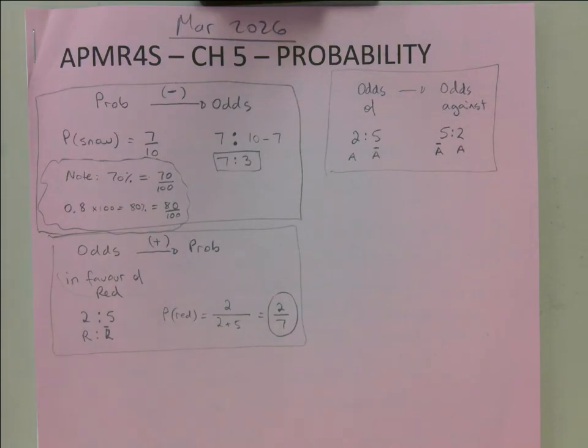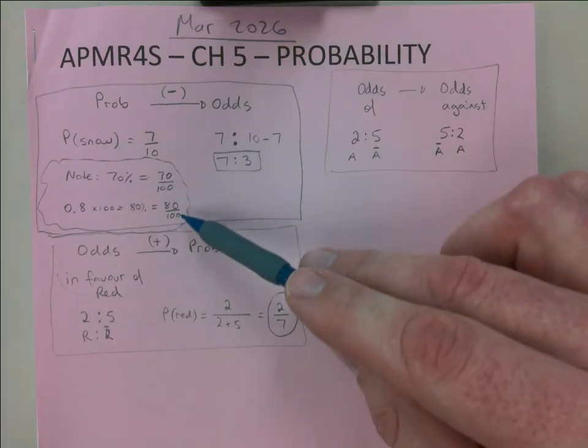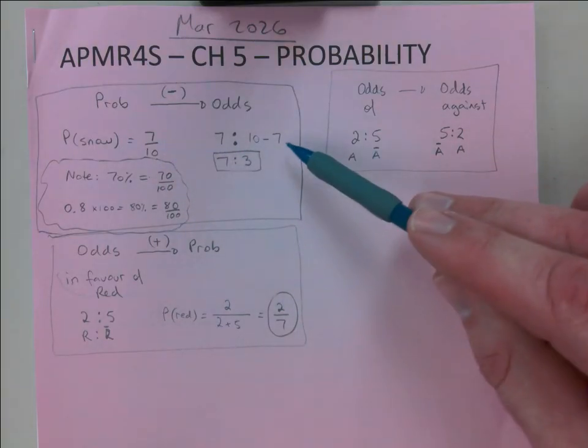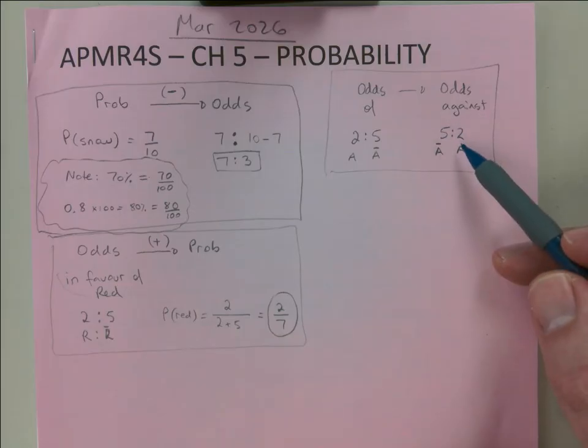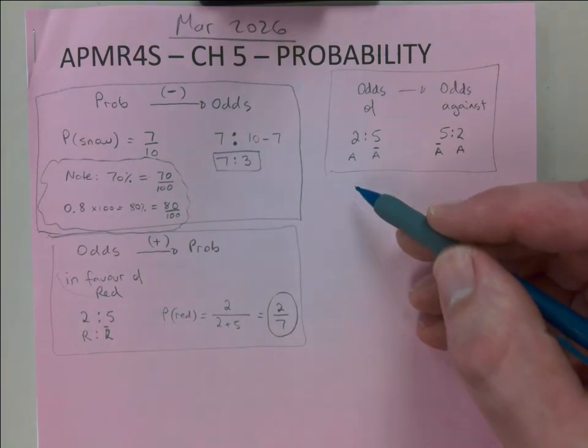And again, if you're given probability as a percentage, turn it into a fraction, then you turn it over into odds. That's my suggestion for you. Don't have decimals in your odds. I've never encountered that situation, but please make sure there are no decimals. This is what I mean.